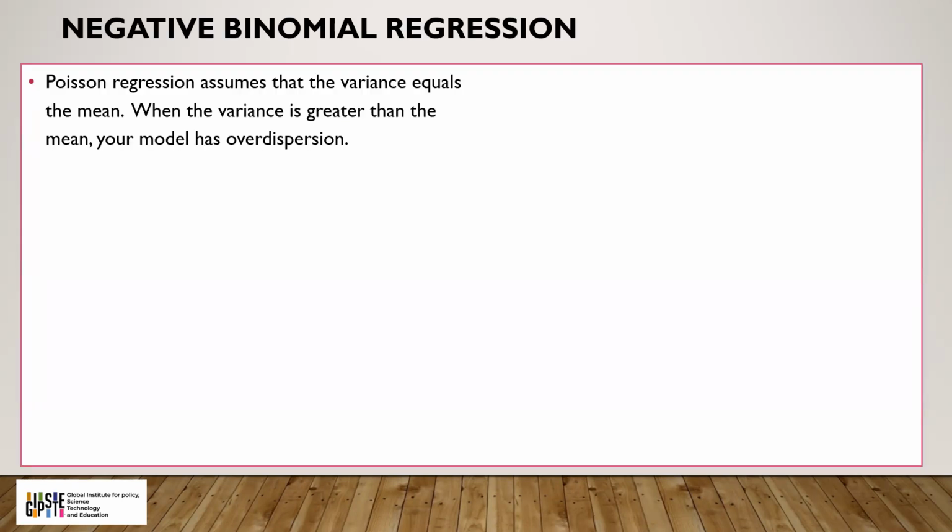The first is the negative binomial regression. Poisson regression assumes that the variance equals the mean. It's always assumed that the variance equals the mean because it has constant intervals.